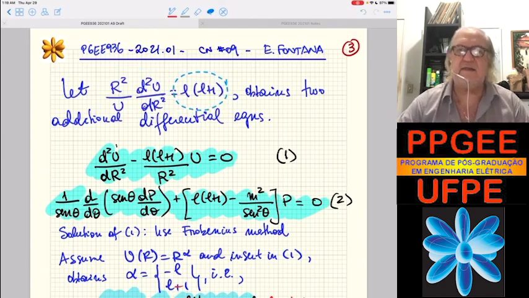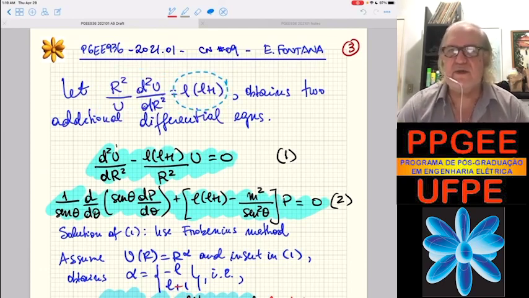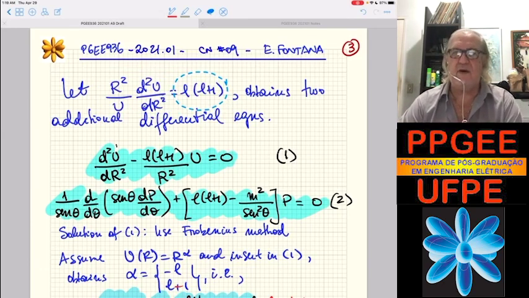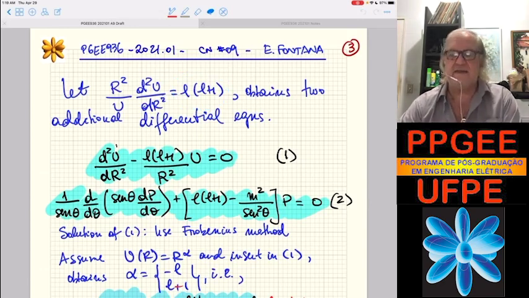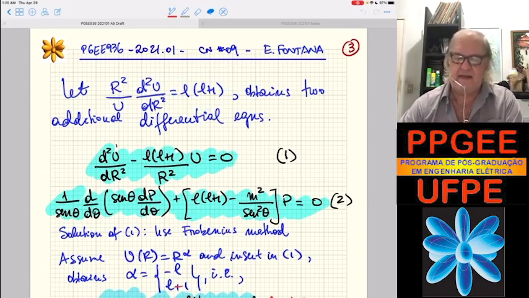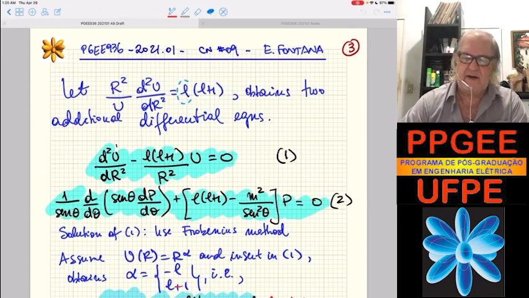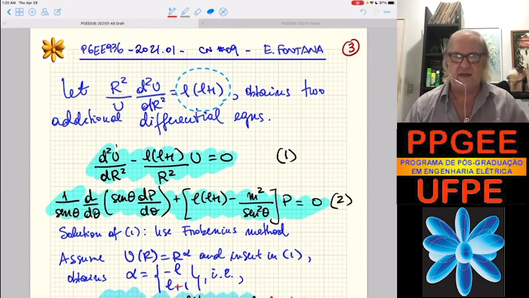I could put just a constant, a squared, minus a squared, or minus a. But because of the significance of the meaning of this parameter, we already anticipate, choosing the constant conveniently.